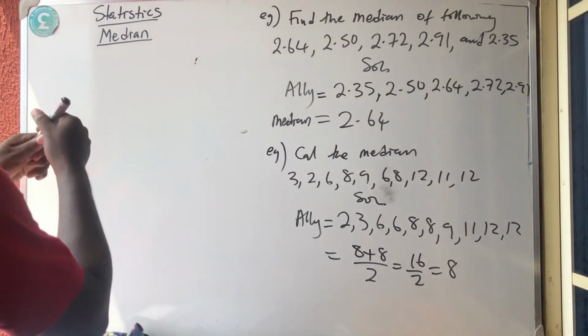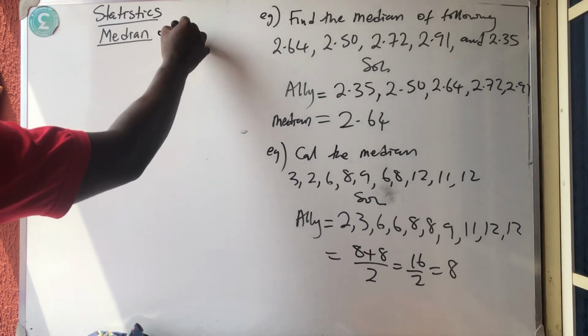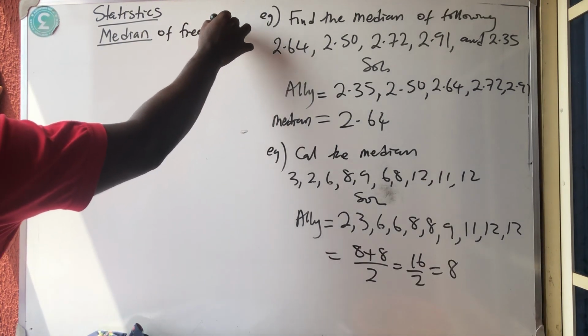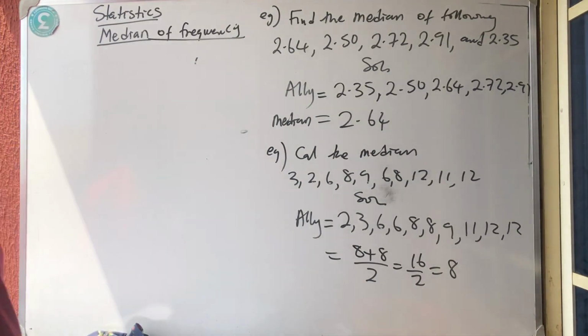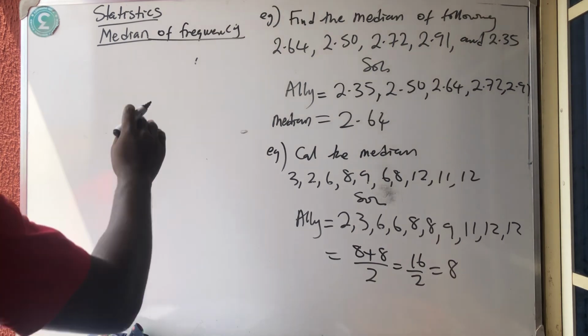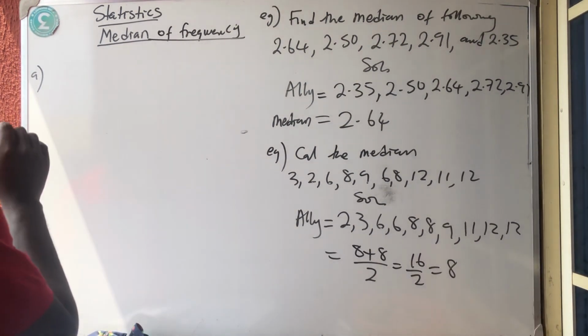So now let's talk about the median of a frequency distribution. To get the median of a frequency distribution, the first thing you have to do is get the median normally.